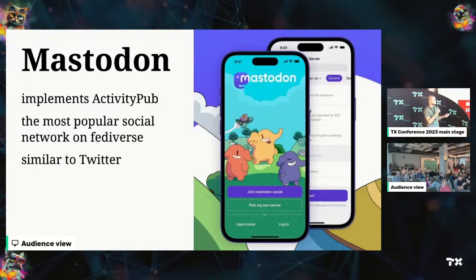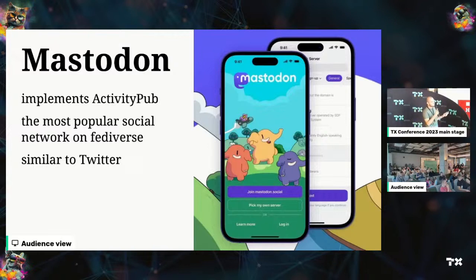It's also based on open source software, so you can host your own instance if you have a server, or there are hosting providers out there which you can pay, and you get your own instance. Because it's the most popular one, there are so many instances out there. Many of them are public, so you can register your account and communicate in the Fediverse.